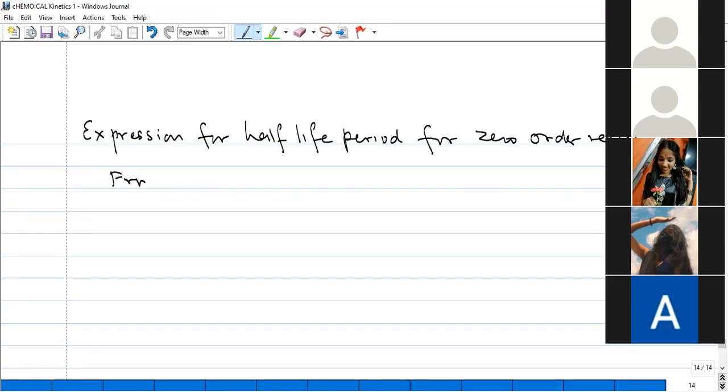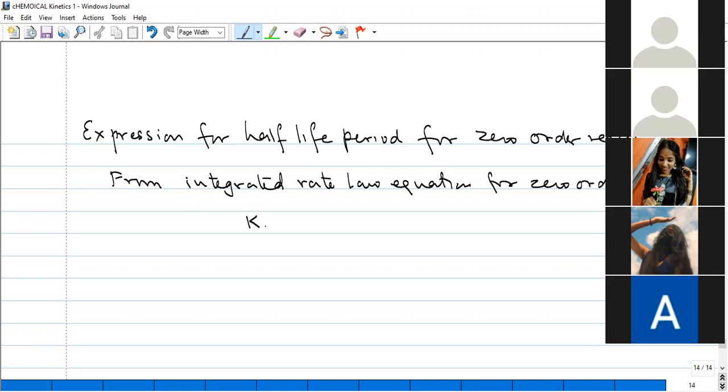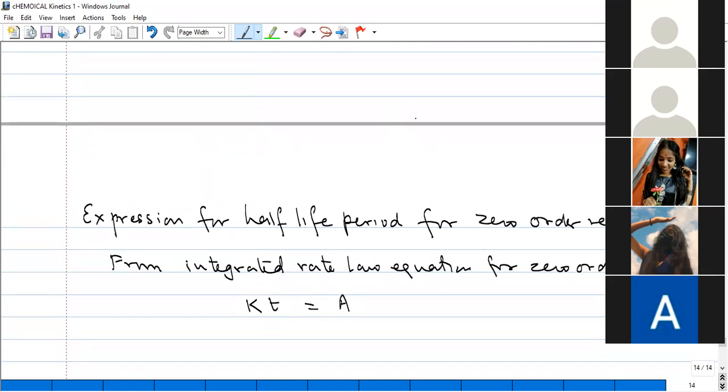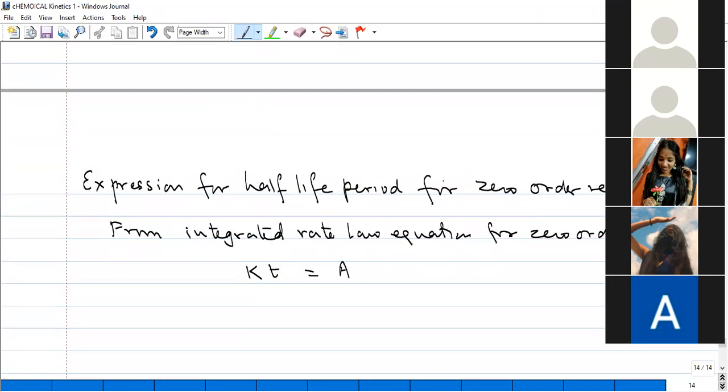From integrated rate law equation for zero order reaction, what is that? Kt is equal to A0 minus At.